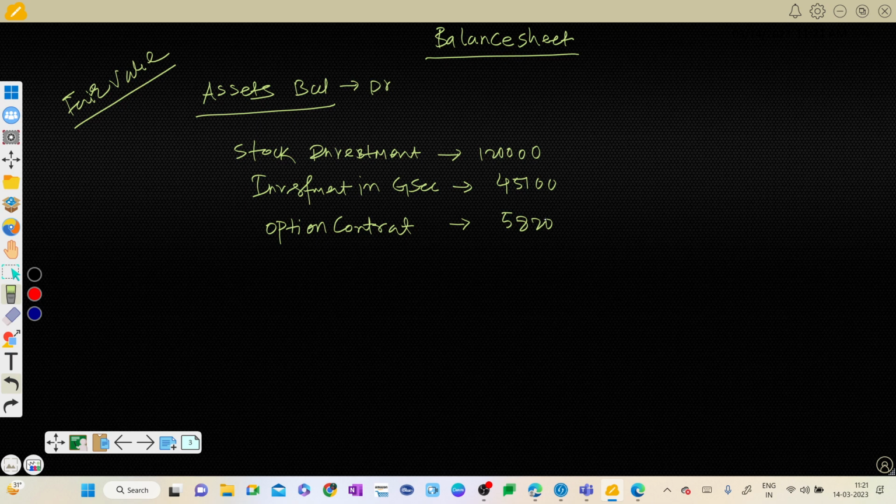Then interest on collateral receivables. Interest on collateral, 2510. So here again, let's say this fund was a feeder and invested in a master also.